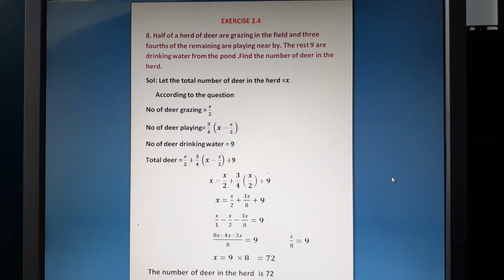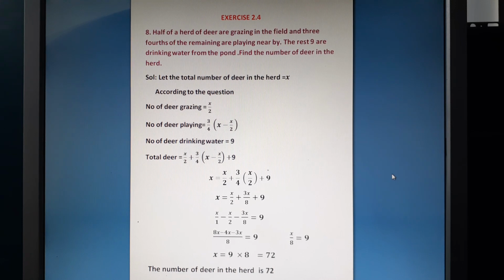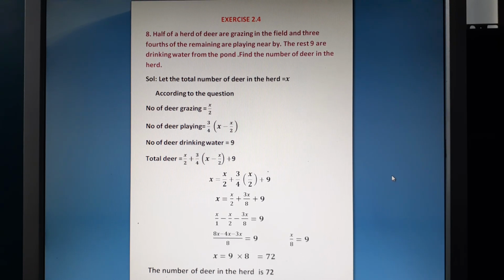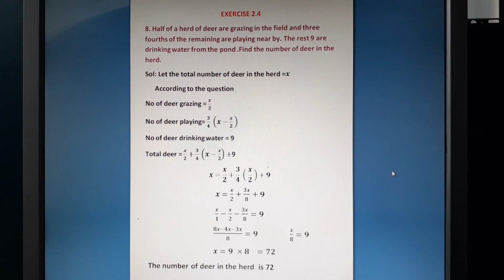Now we want to find the total number of deer. So the total number of deer is equal to the number of deer grazing plus the number of deer playing plus the number of deer drinking water.